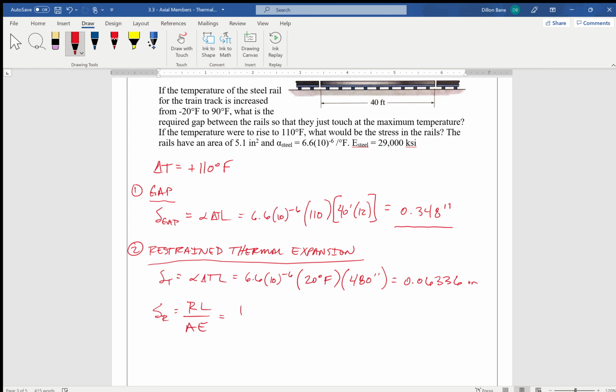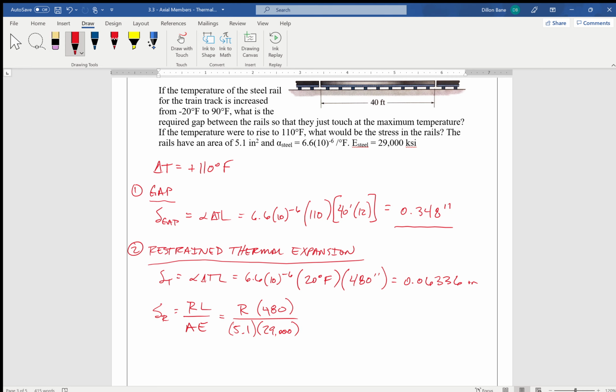We know R is just R, that's what we're looking for. The length is 480 inches. Let's do it all in inches so our units come out correct. The area of the rail is 5.1 square inches. And our modulus is 29,000 KSI, which is in kips per square inch.